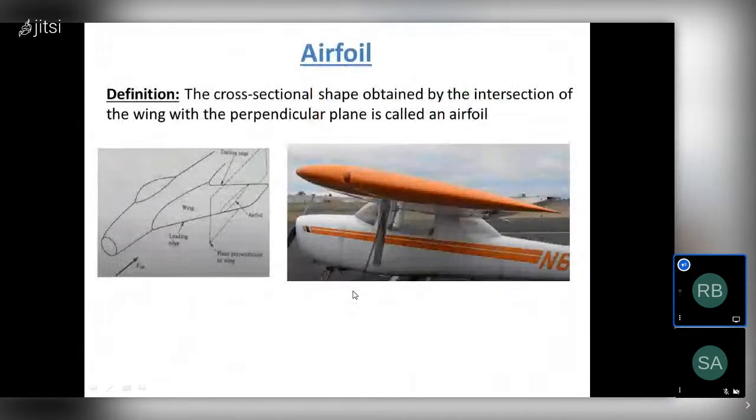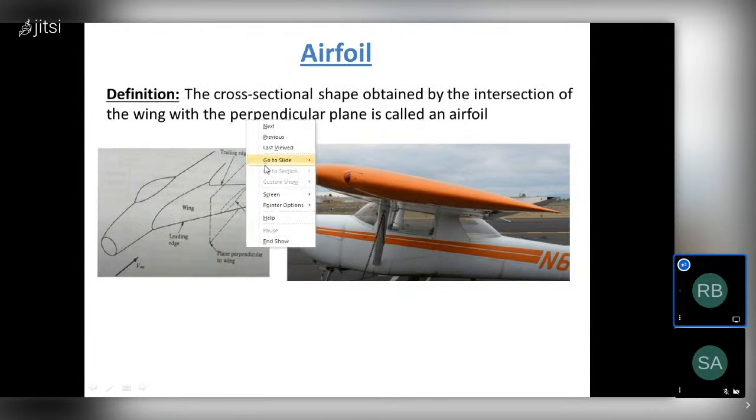So here aerofoil is the cross section. The definition of aerofoil says that the cross sectional shape obtained by the intersection of the wing with the perpendicular plane is called an aerofoil. Suppose we have a 3D wing like this.